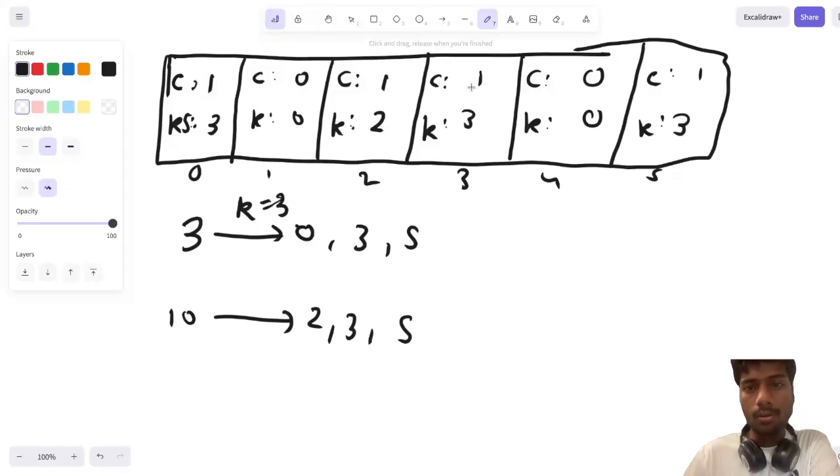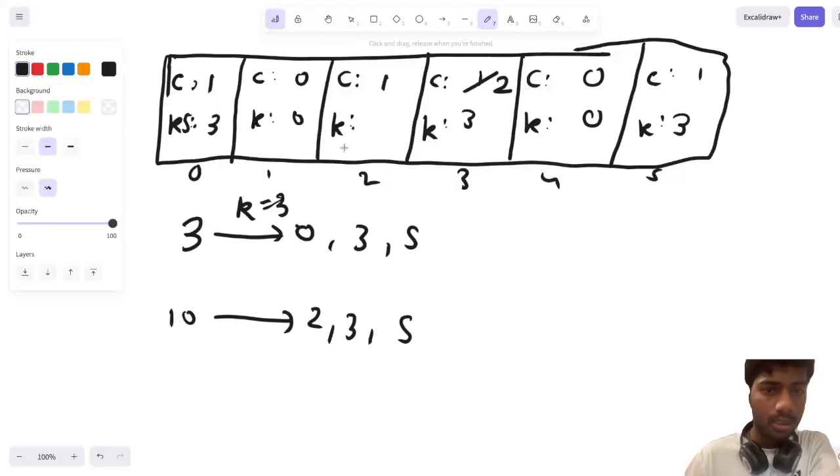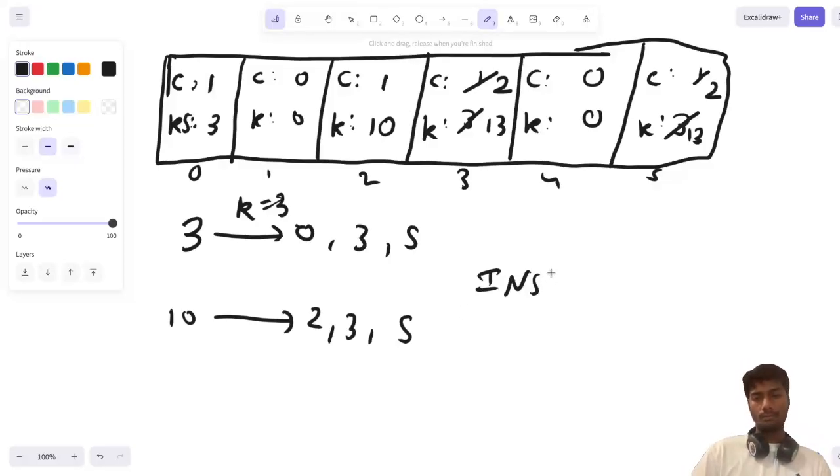Then it will go to 3 and update its count to 2 and add, oh I'm so sorry about that, just give me a second, I wrote 2 here, it should have been 10. Great. And then this 10 will get added to this key sum, making it 13, and then this count also updates to 13. Great. So this was our insert operation.